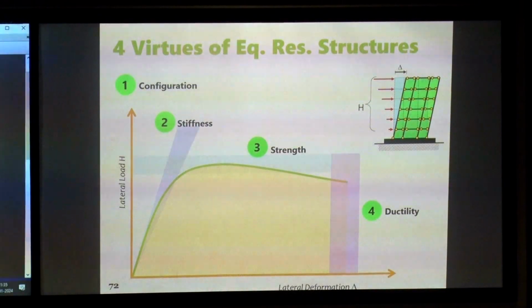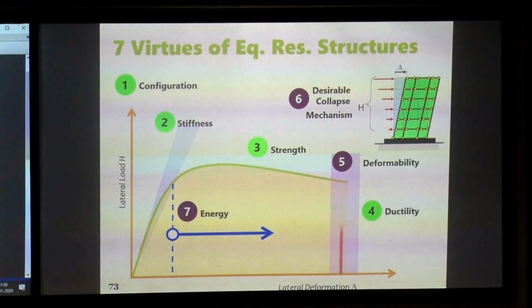We should first ensure good configuration, stiffness, strength, and ductility capacity, along with desired mechanisms, collapse mechanism and energy dissipation capacity. That's the overall big picture that we are aspiring to have.